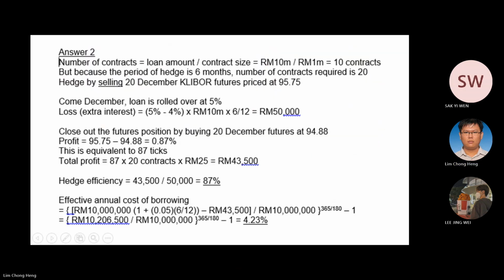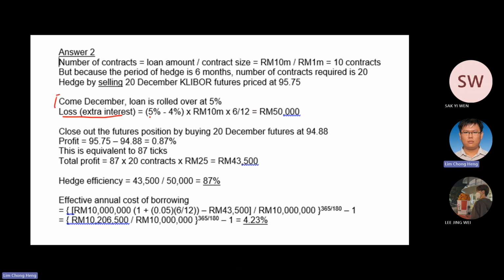Okay, so when December comes, at the spot market, you are facing a loss because initially your plan was an interest rate of 4%, but actually it goes to 5%.